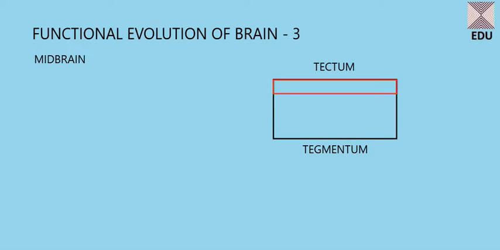Sometimes in this lecture you will find the term tectum or tecta. Tecta is the plural of tectum, and you may find tegmentum to some extent in this lecture. So these are the two parts of the midbrain. Tectum is the dorsal part and the tegmentum is the ventral part of the midbrain.